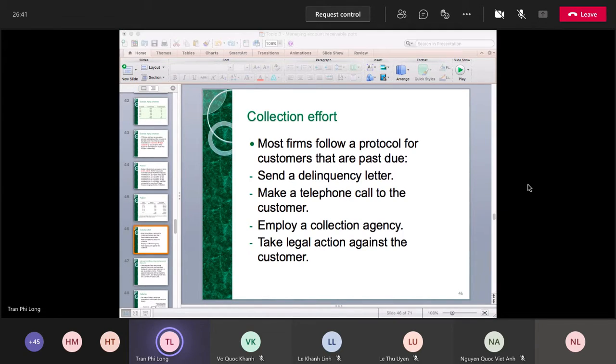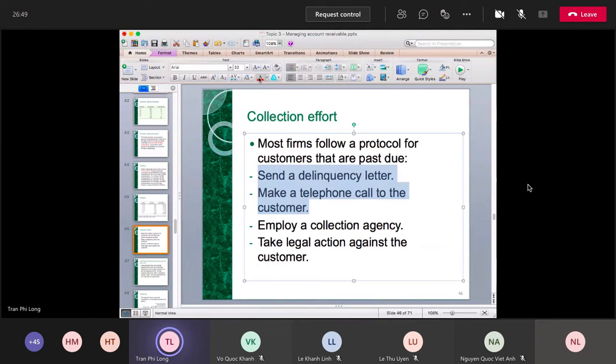So just in my opinion, in the real life, maybe the company usually take the first two steps here. The company will rarely do the final two steps here. Why? Because if you employ a collection agency, it may cost you a lot of money.